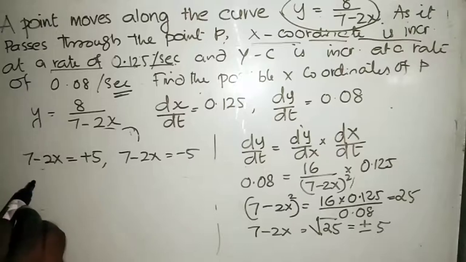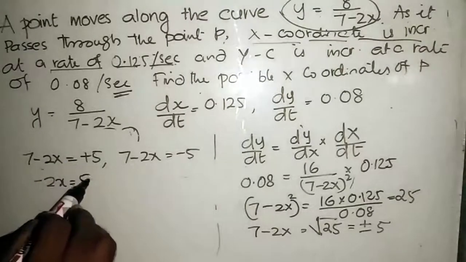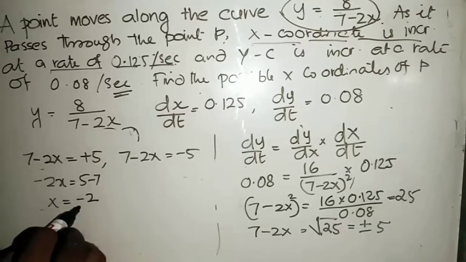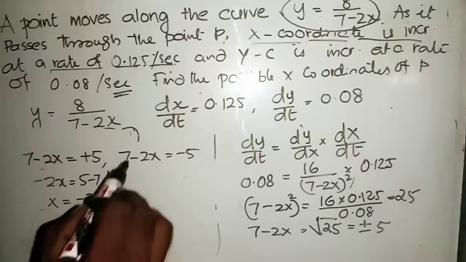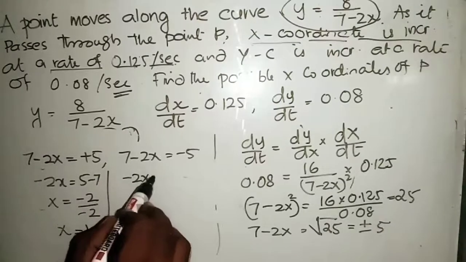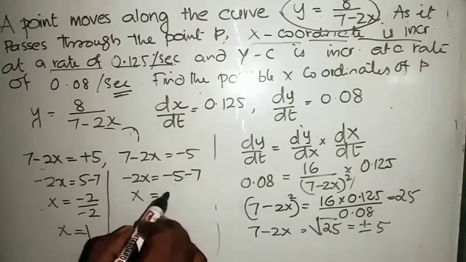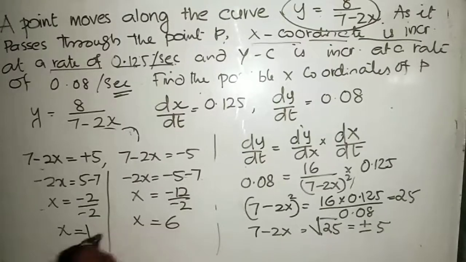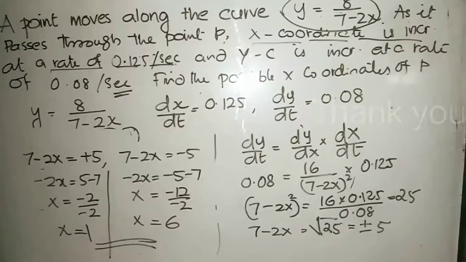Here minus 2x is 5 minus 7, so x is minus 2 by minus 2, we get x is equal to 1. Or here minus 2x is minus 5 minus 7, so x is minus 12 by minus 2, we get x is equal to 6. So the two possible values of x are 1 and 6. Okay, thank you.